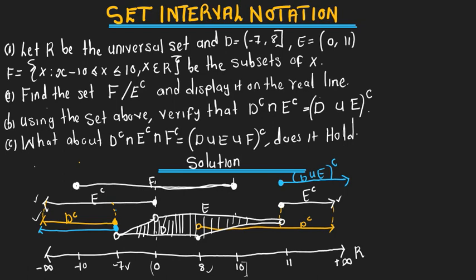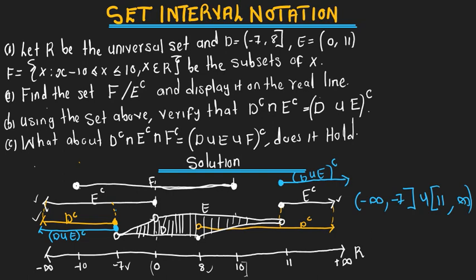Now check properly. D union E complement, what set are we getting? We are getting a set which is coming from negative infinity all the way to negative 7 included, union, then a set from 11 included all the way to positive infinity.